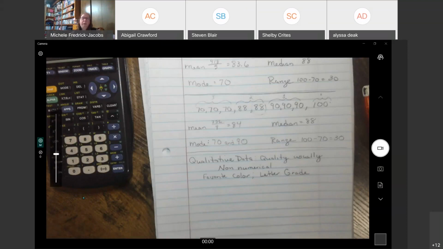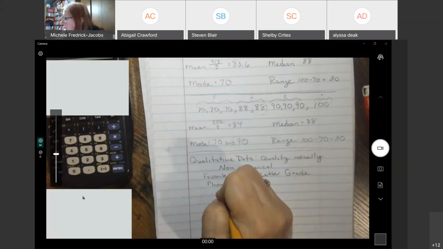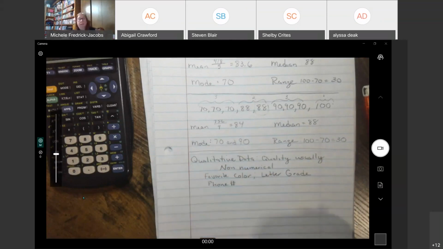Maybe the area codes will all be the same, but finding the average of a phone number doesn't have any meaning. So numerically, a phone number is qualitative, even though it's a number.